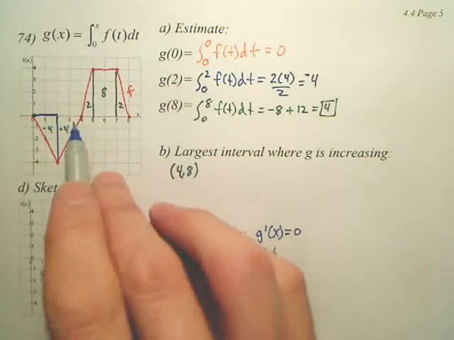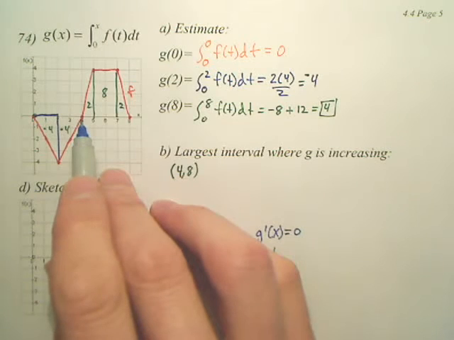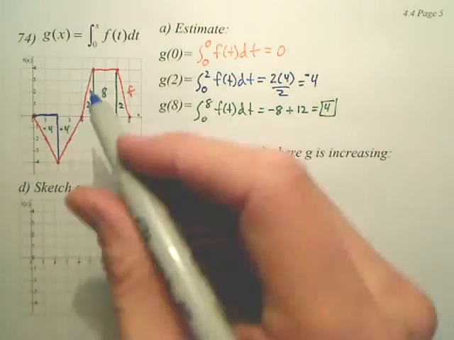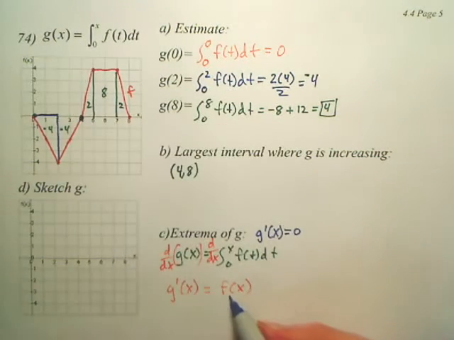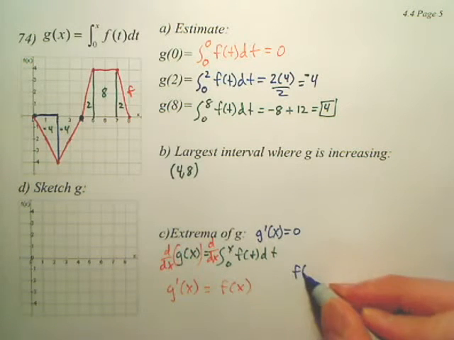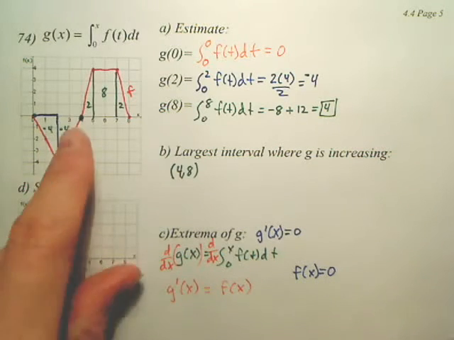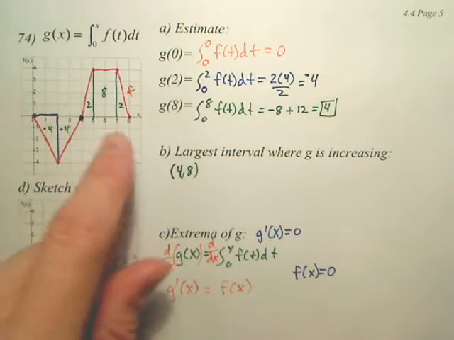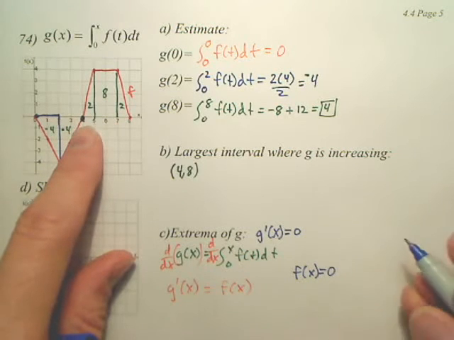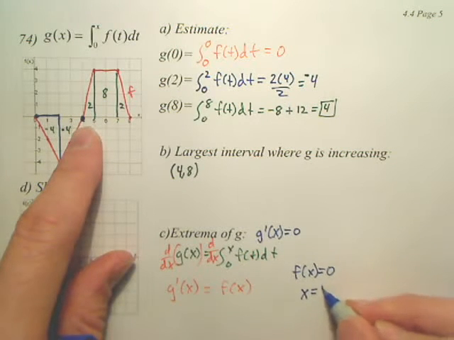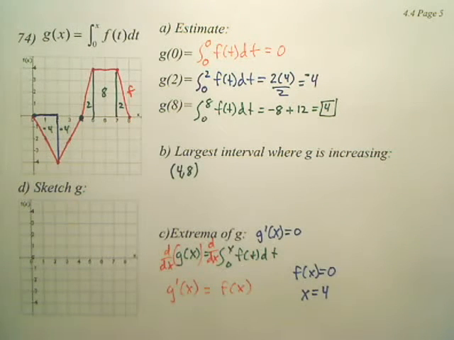So if we're looking for when this equals 0, aren't we actually looking where f of x equals 0? And where does f of x equal 0? Ignore the endpoints. Isn't it right there at 4? So at 4, it equals 0.